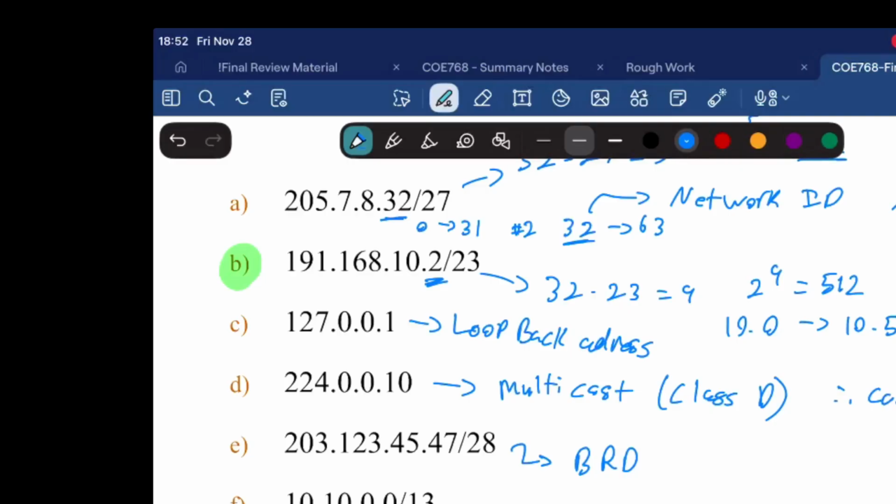So 0.0. Whenever you see that as the first address, you can assume in a way that this would be the network ID. Therefore, once again, you cannot assign this. So all of these cannot be assigned. The only valid one that we have in this case is B.